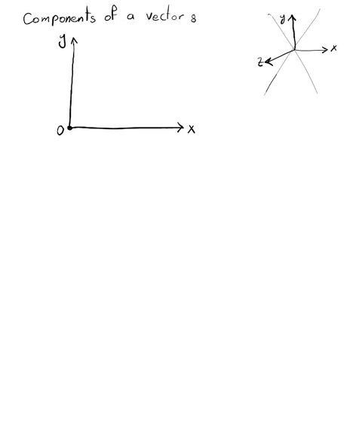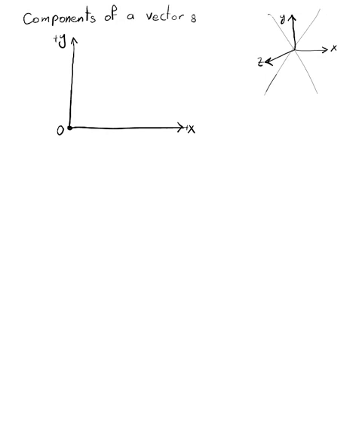Now in this coordinate system that has an X and Y axis, this is the positive X direction, this is the positive Y direction. A vector is defined by its magnitude, which is indicated by the length of the arrow representing the vector, and its direction.